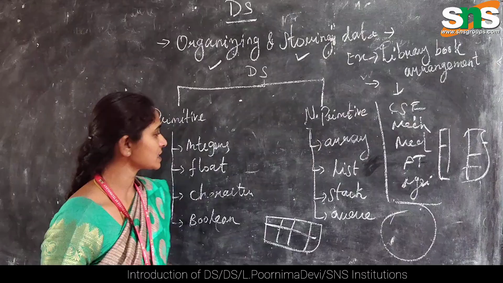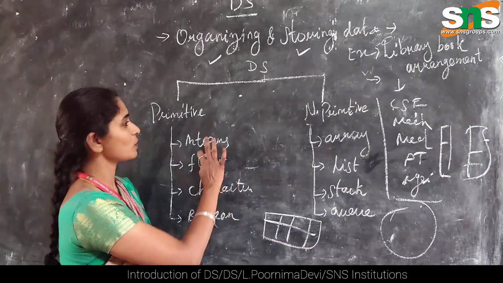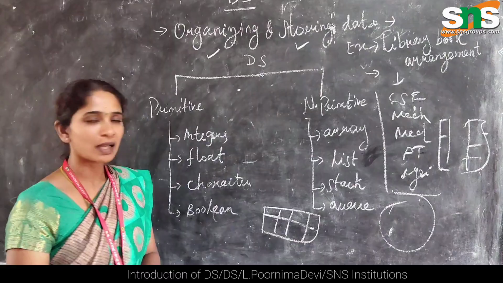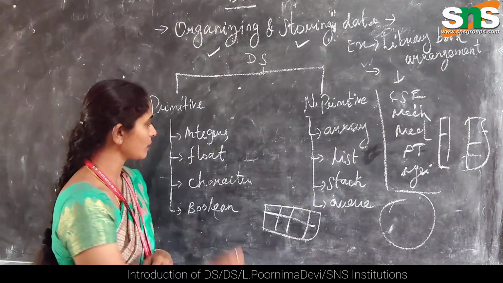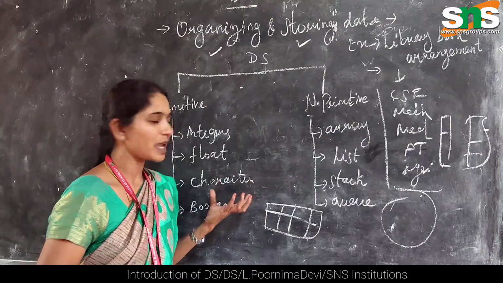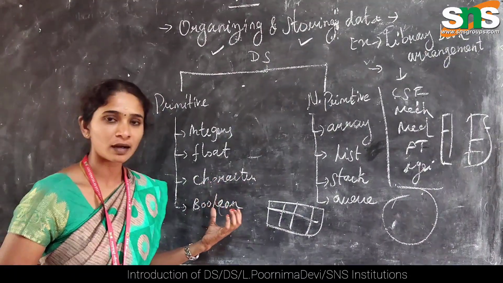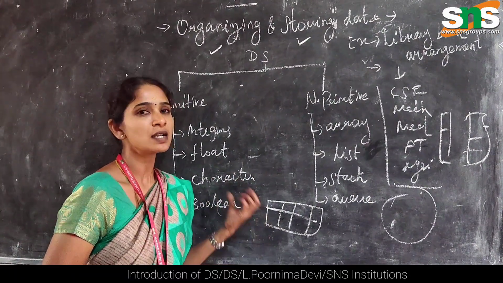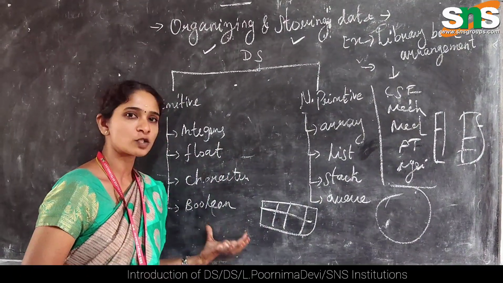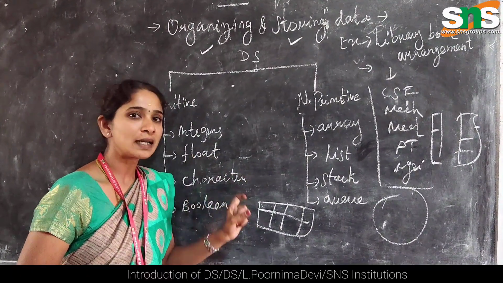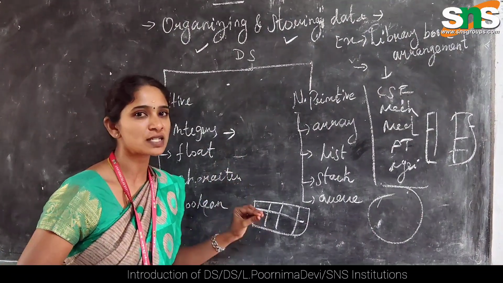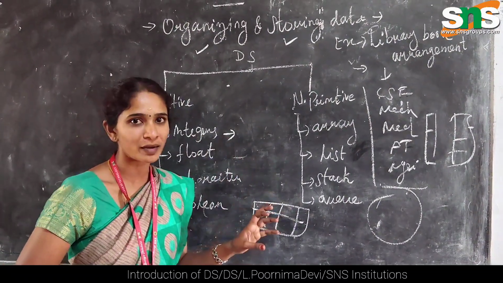In data structures we have two types. The first is primitive and the second is non-primitive. Primitive types are integer, float, character, boolean. These are the basic primitive data types used regularly in C or C++ to store a particular value. Integer means we store integer values within a limited range, such as 0 to 127.